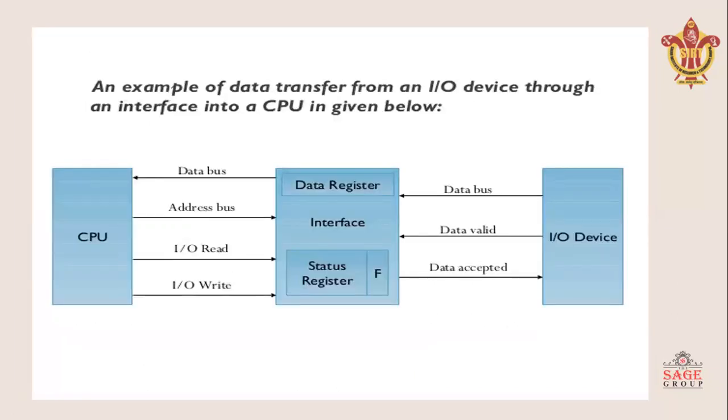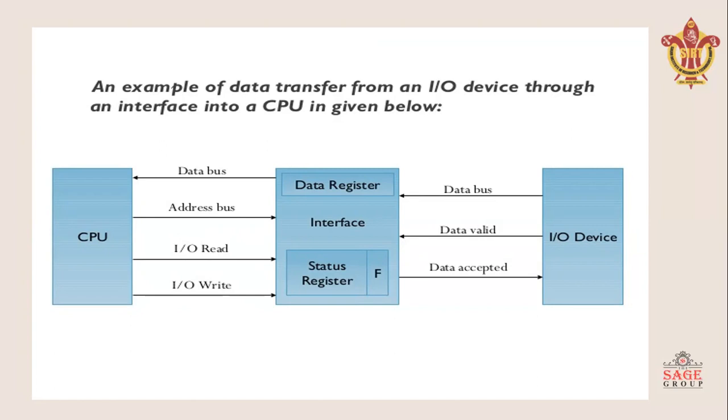This is an example of data transfer from an input-output device through an interface into a CPU. Here, the input-output device and CPU are there, and this is the main communication between these two entities.